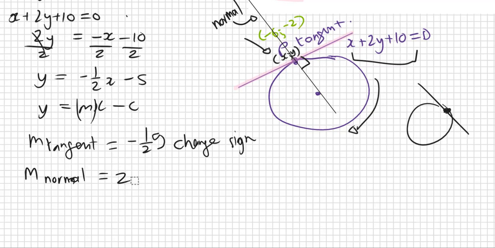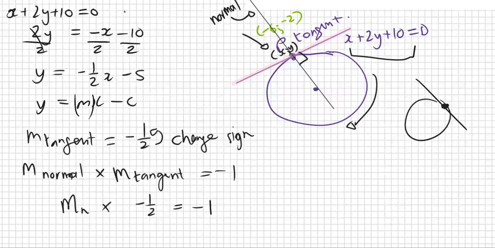If you forget about this quick method, then we have the actual working. So m of the normal times by m of the tangent must be equal to -1. Therefore, we have the m of the tangent is -1/2 times by m of the normal must be equal to -1.